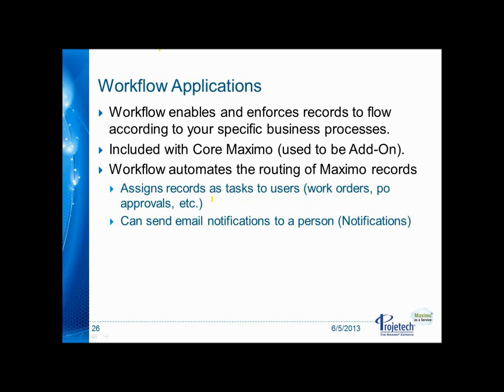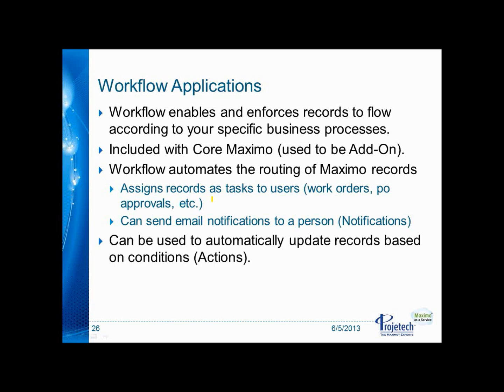Part of workflow is the ability to send email notifications to the people who need to be notified that they need to do some sort of an action on this record in Maximo. We can also use one of the applications available with workflow called Actions to update Maximo records based on certain conditions.